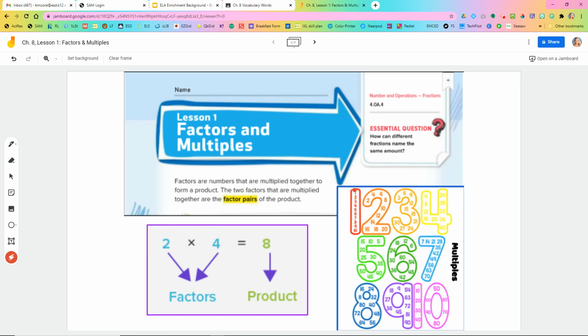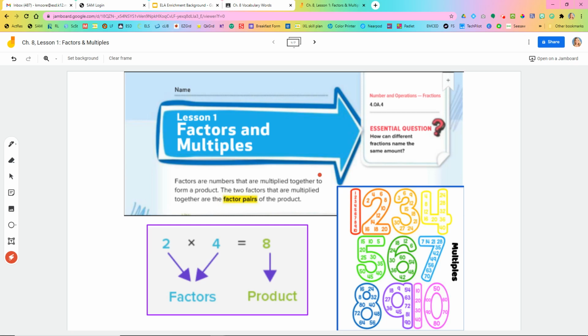Remember, multiples are any answer of any whole number and another number. So it's like if we were skip counting. My factors are my two numbers that I multiply together, and my multiples are like if I was skip counting. They're all of my answers.